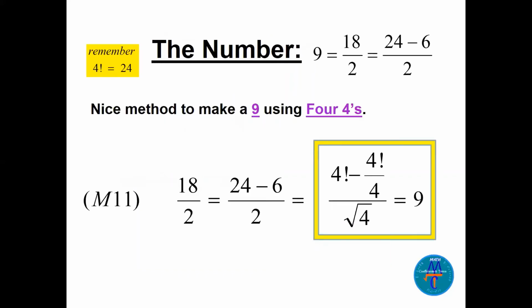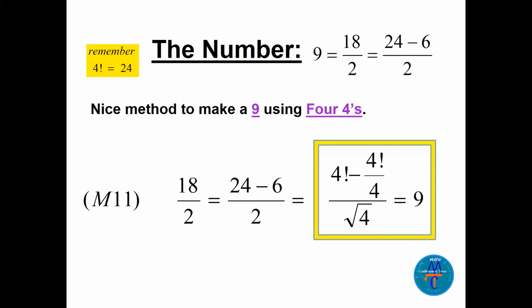You see, 24 minus 6. 24 is 4 factorial. You see this one, 4 factorial, minus 6, we have seen before, 4 factorial over 4, because 4 factorial is 4 times 3 times 2 times 1, 24.